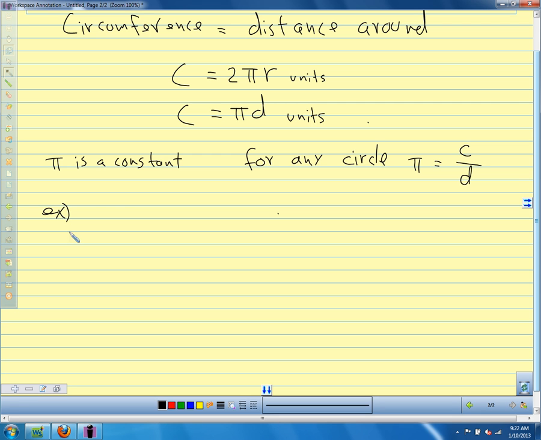So let's say we have a circle. Our radius is 17 inches. So we'll start with an easy one. We want to find the circumference.